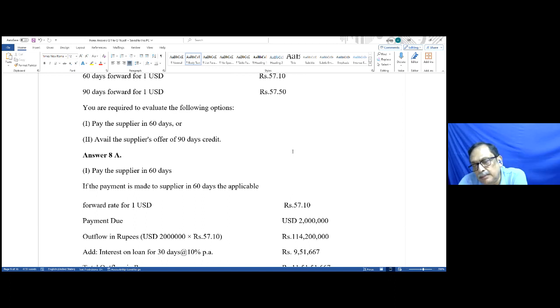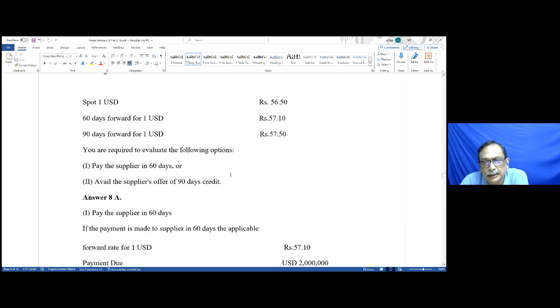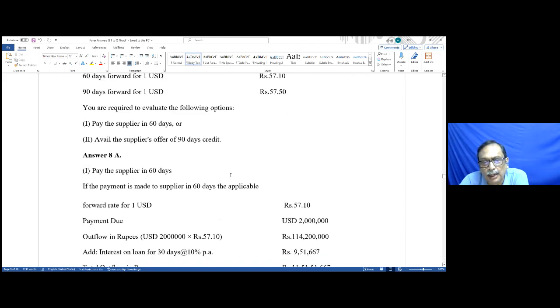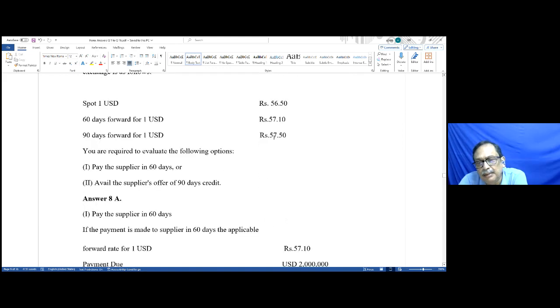And we are going to accept where there will be the least cash outflow, that will be preferred. So in option one, we pay the supplier in 60 days. If the payment is made to the supplier in 60 days, the applicable rate is the forward rate for $1, that is 57.10.